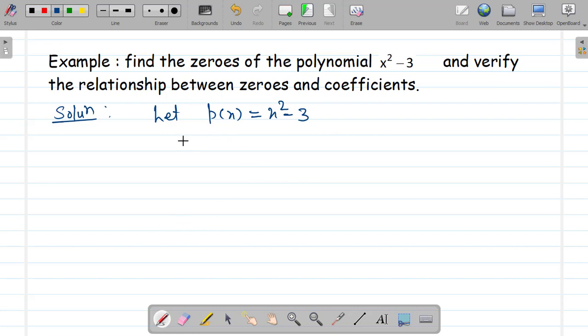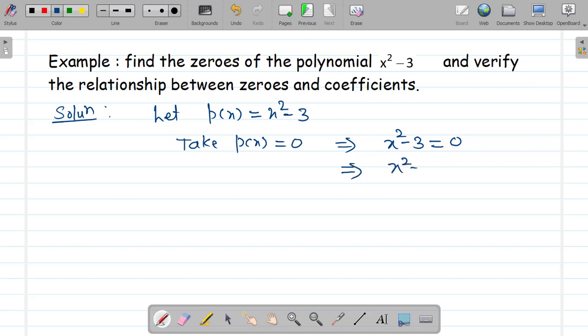How to find the zeros? We will take p of x equal to 0, that implies x square minus 3 is equal to 0. So we will find the value of x here.